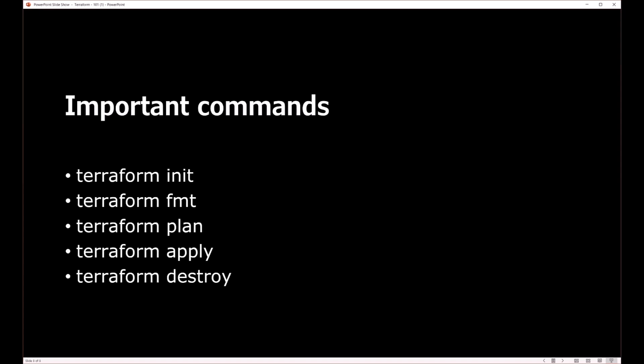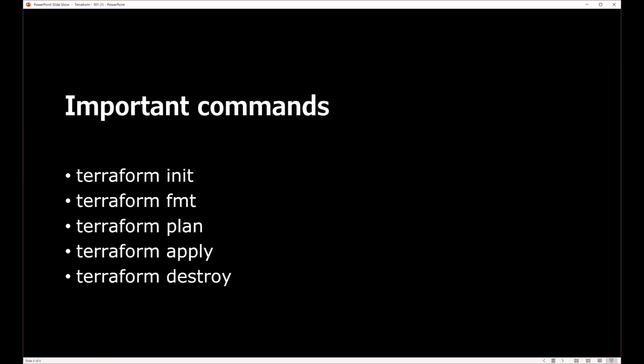Apply means it will create that resource or modify the resource, whatever you have configured in your configuration files. And there are also ways you can skip that prompt asking you for permission. You can use a flag called auto approve to skip that. Another way is to use a saved plan.